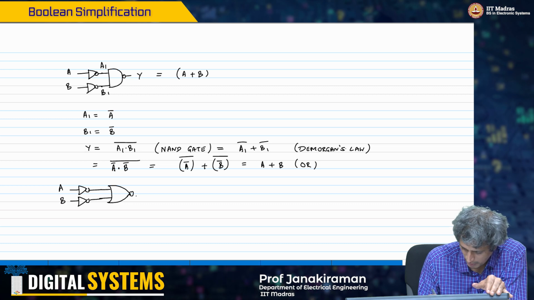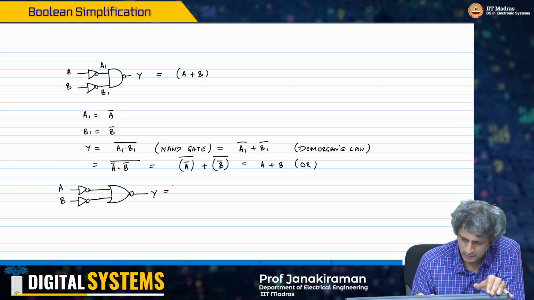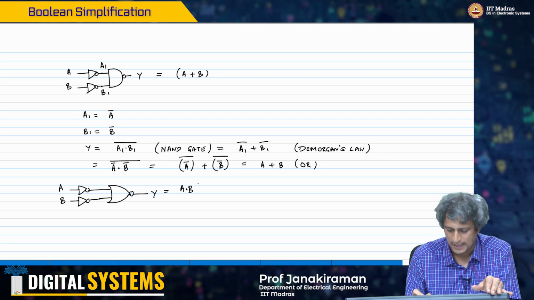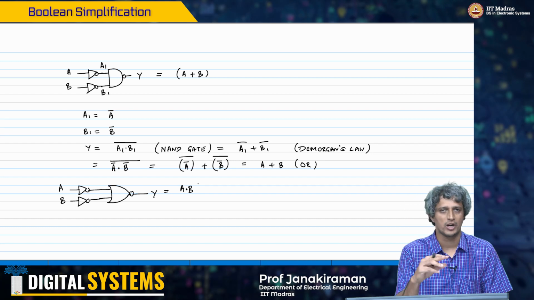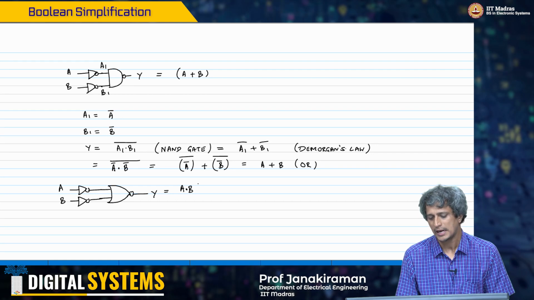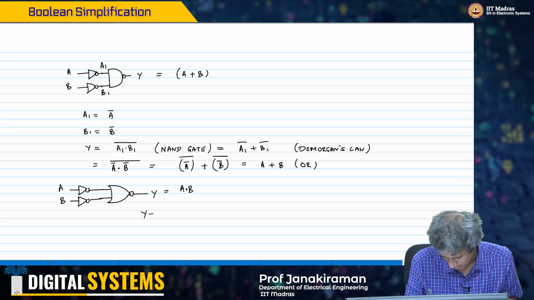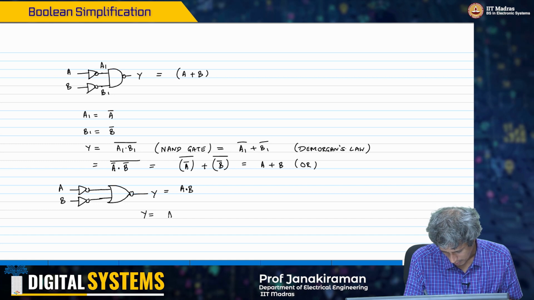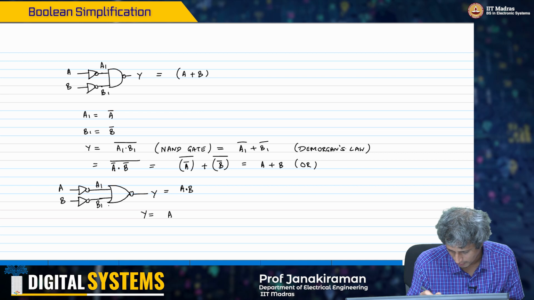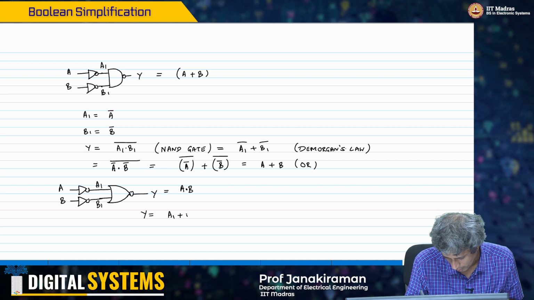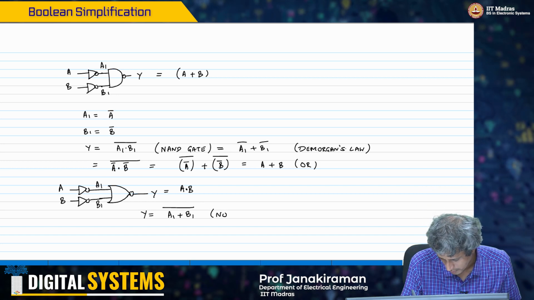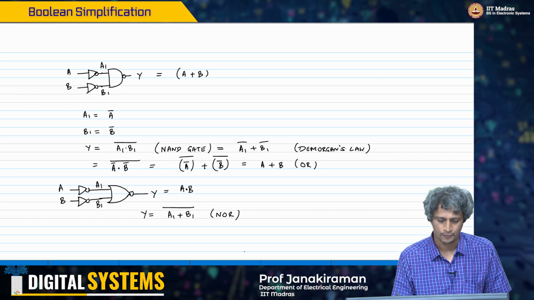A, B, Y. This happened to be A into B, A and B. That is, you take invert A, invert B, pass it through a NOR gate, you would get A and B. It's like getting an AND gate. Okay, so by definition, Y is equal to, this is A1, this is B1, right? A1 or B1 whole complement, because it's a NOR gate, right?